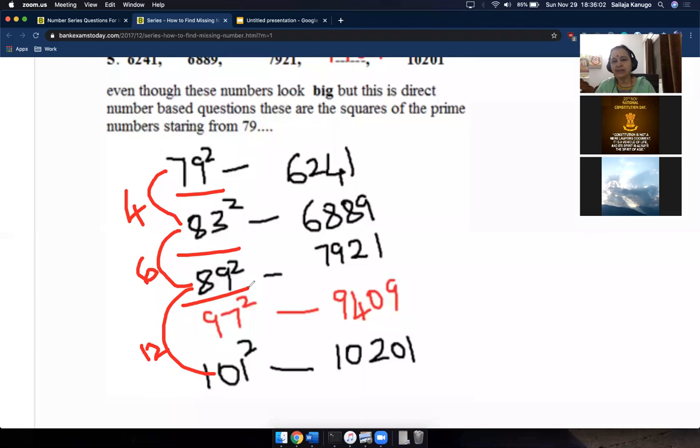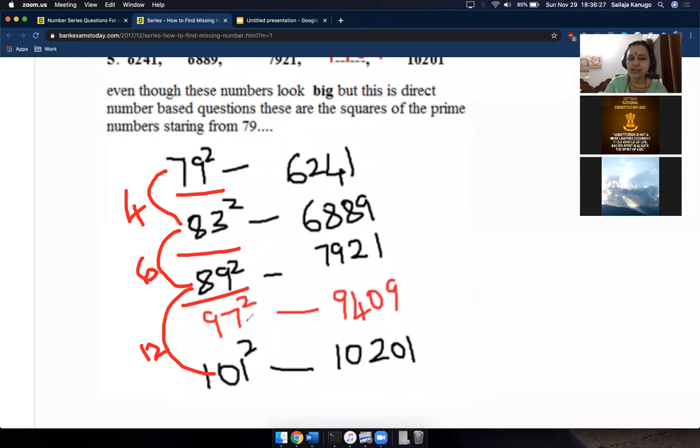After 89, you looked for a prime number. After 89, 91. 91 is not a prime number, 13 sevens were 91. 93 also is divisible by 3, not a prime number. 95, not a prime number. 97, yes, it is a prime number.